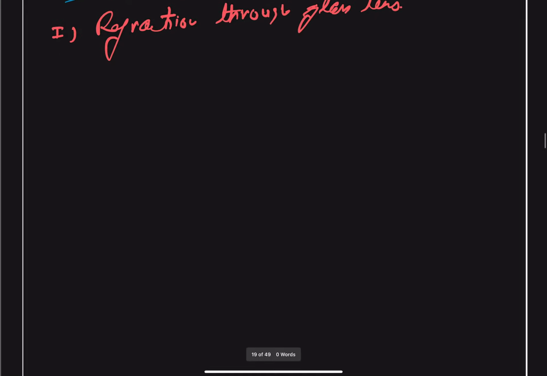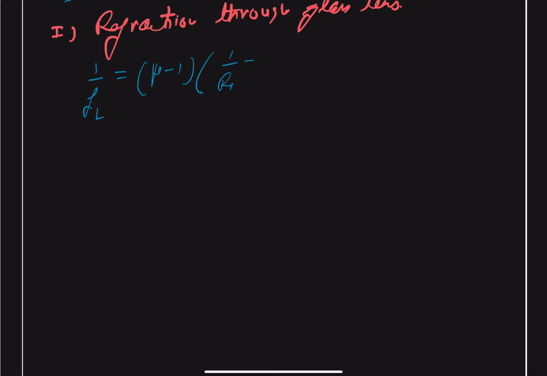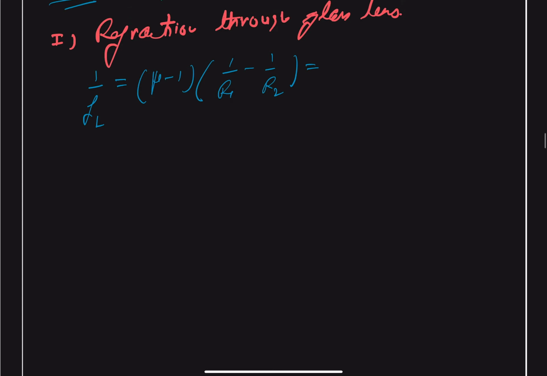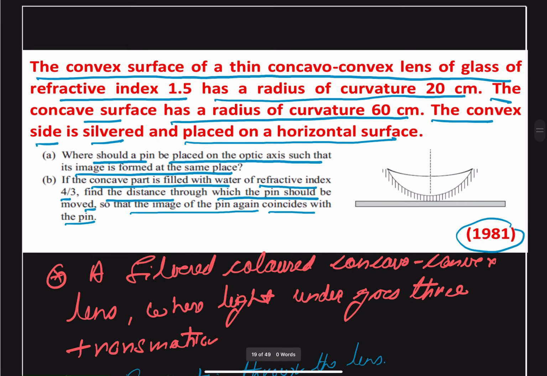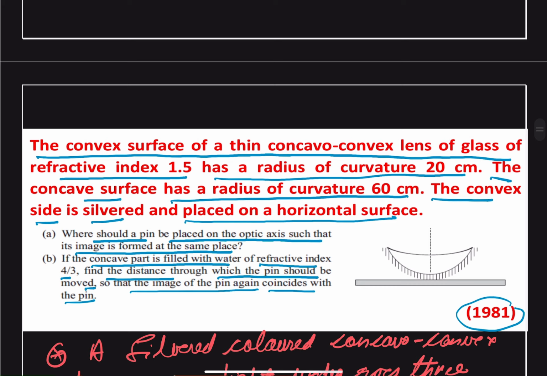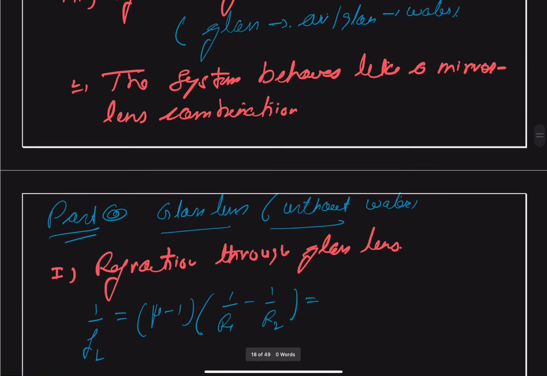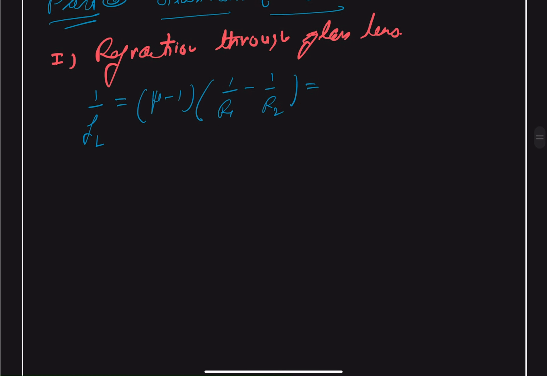We can use the lens maker formula, which gives us 1 upon F_L is equal to (mu minus 1) times (1 upon r1 minus 1 upon r2), and we are also given that the refractive index is 1.5, so that is basically 3 by 2.